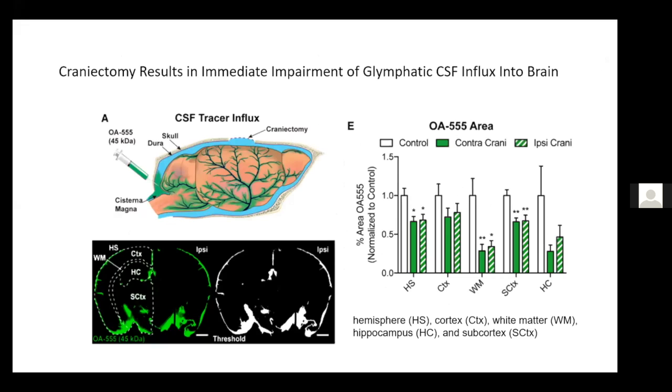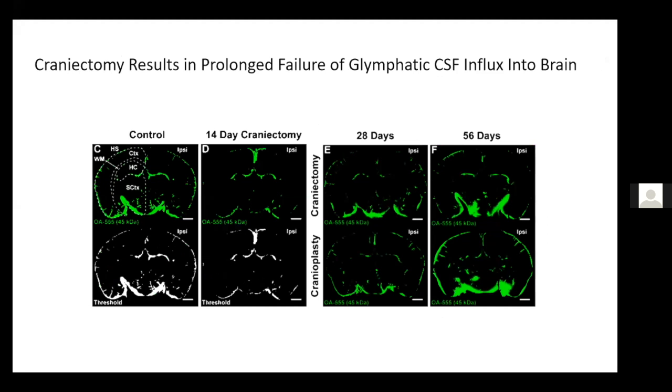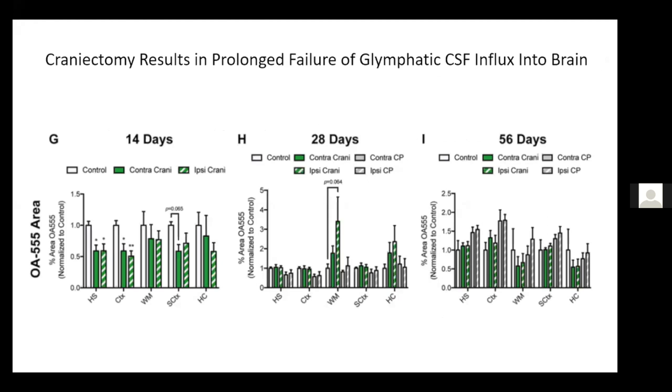This results in immediate impairment of glymphatic CSF influx into the brain, and prolonged failure of glymphatic CSF influx, lasting until about 40 days, 28 days, 56 days.